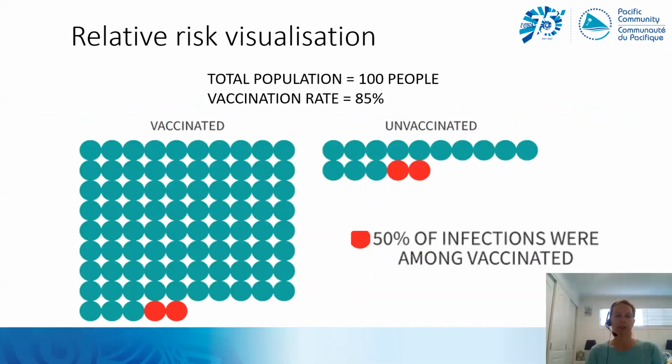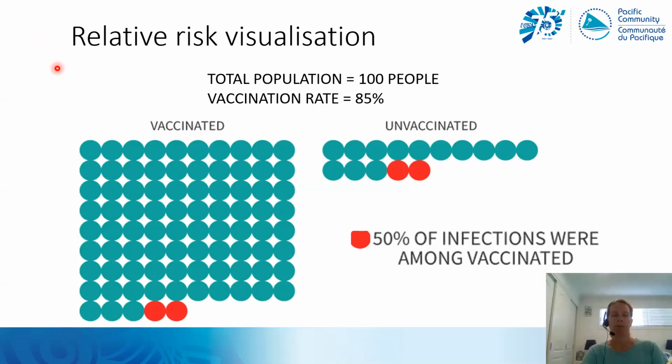Another consideration with our vaccination data is to assess what the risk of infection is between the different groups, so those that have been vaccinated and those that haven't. And this is something that's been particularly poorly done by a lot of the media reporting, but it's an area where you as an analyst can contribute to the conversation.